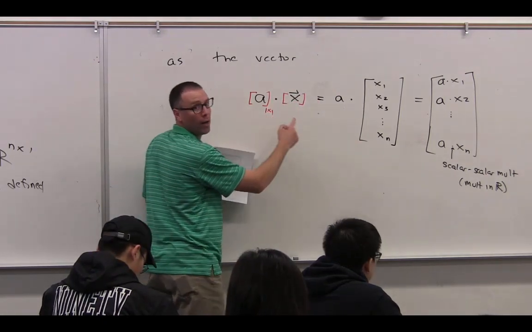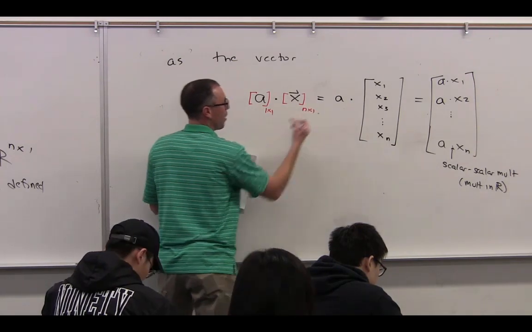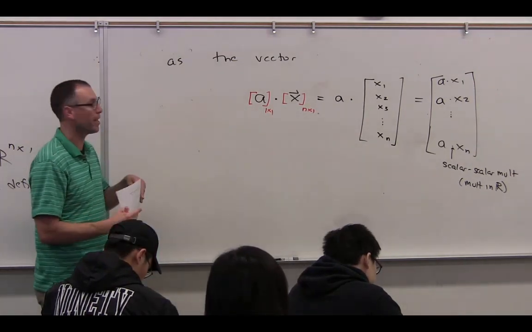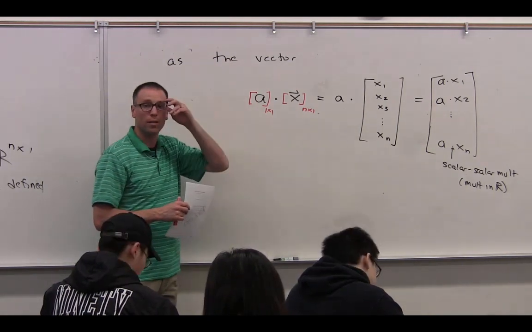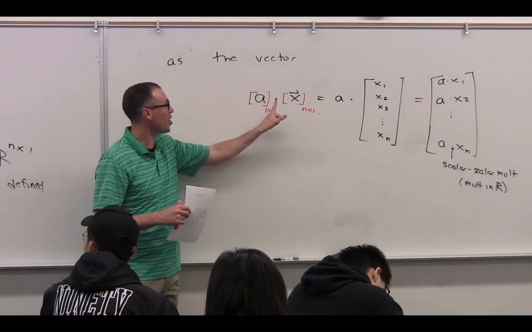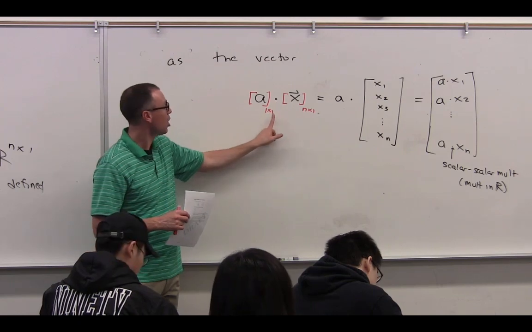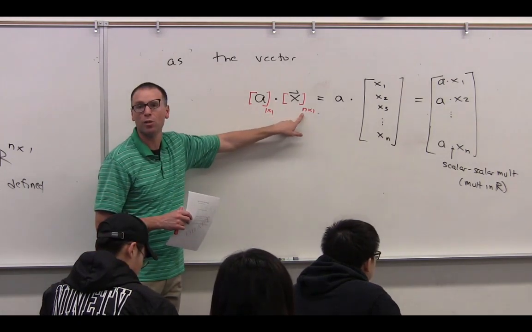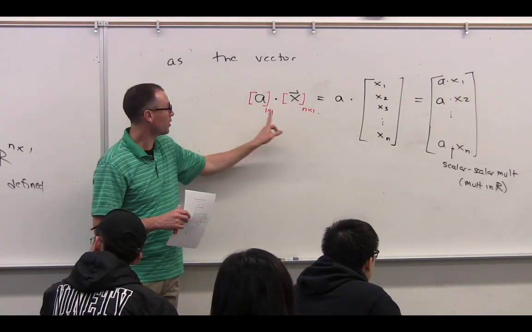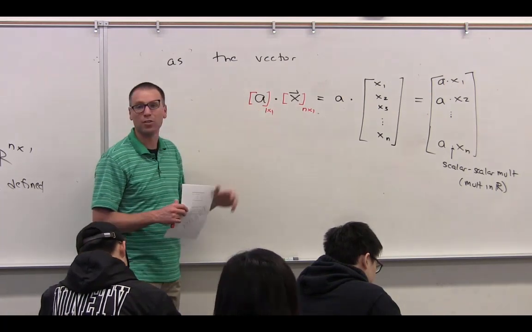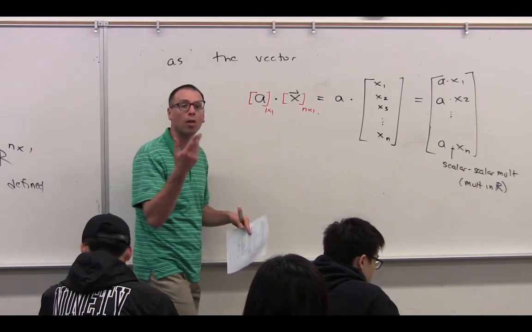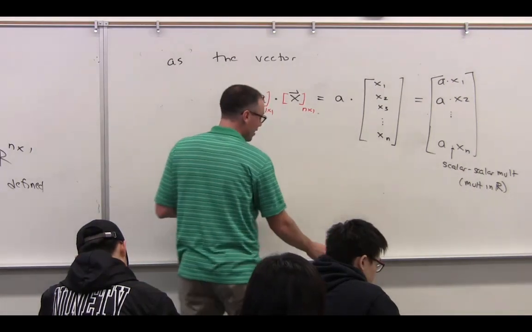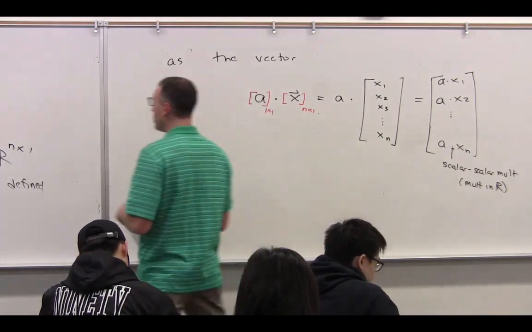This is a 1 by 1. This is an n by 1. If it was matrix multiplication, or matrix vector multiplication, what would have to be true? The inner dimensions must agree. In fact, this is the only multiplication we're going to talk about in this class where the inner dimensions don't have to agree. In particular, this is a scalar, that's a vector. What's the multiplication called? Scalar column vector multiplication. Could you guess what scalar row vector multiplication is?